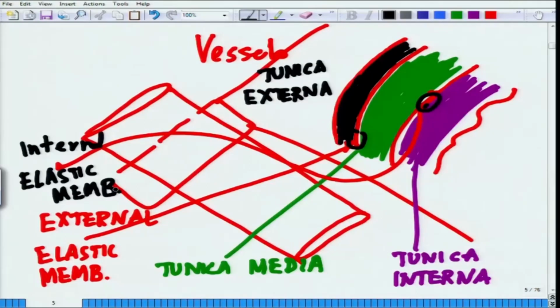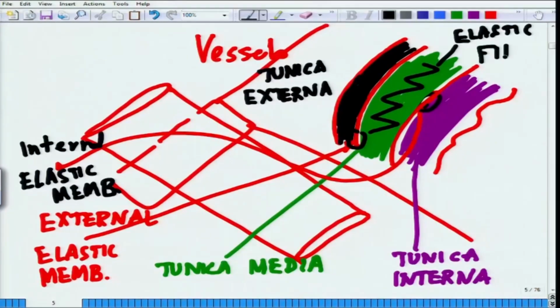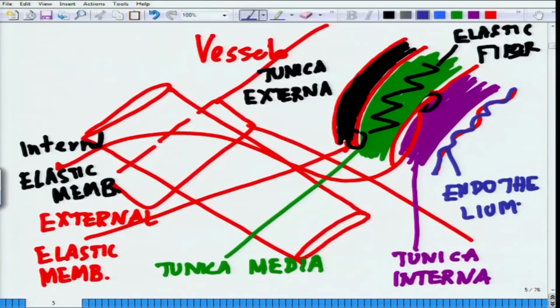Okay. And this green that you see is basically an elastic fiber. And the inner layer out here is called the endothelium. Okay. So this is the broad architecture of all the vessels, and the size of these different layers varies.